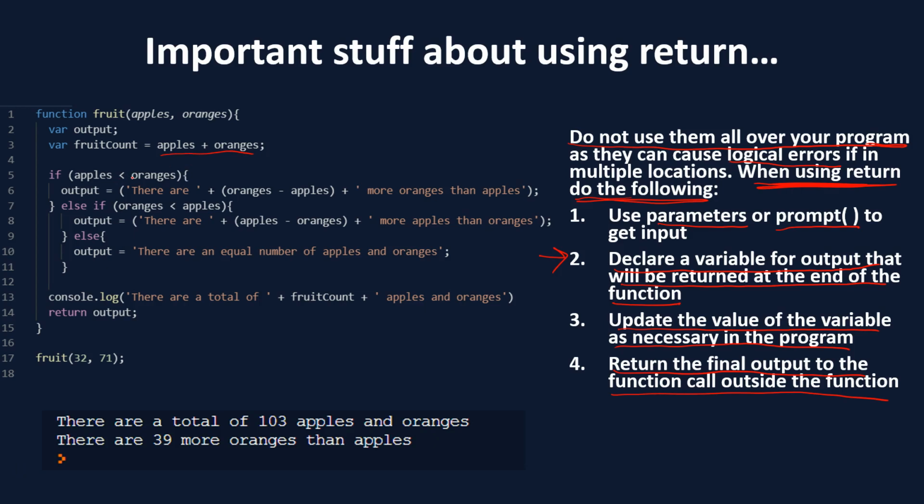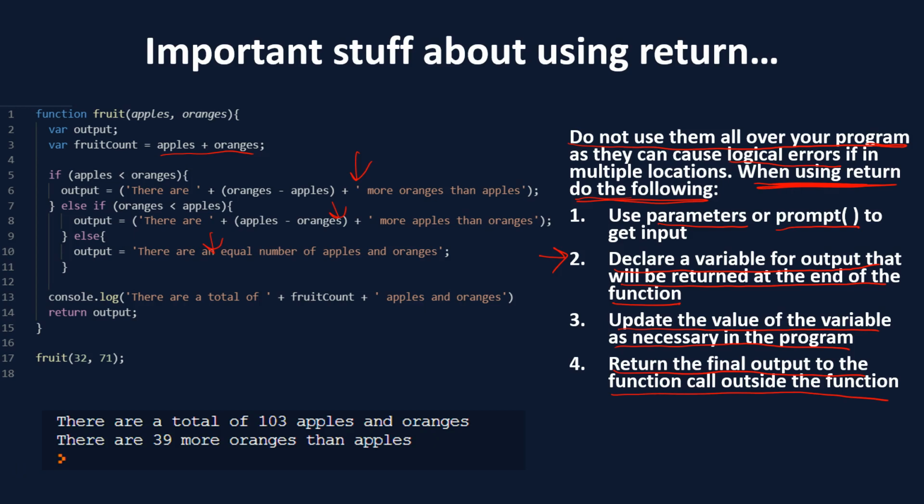If apples are less than oranges, then we're going to output there are oranges minus apples more oranges than apples. Else if oranges are less than apples, the output is there are apples minus oranges more apples than oranges. So this is if there are more oranges, this is if there are more apples, and then if they're equal, it'll do this. All right.